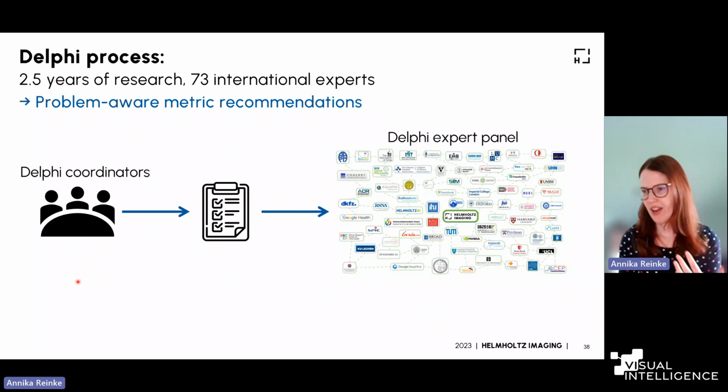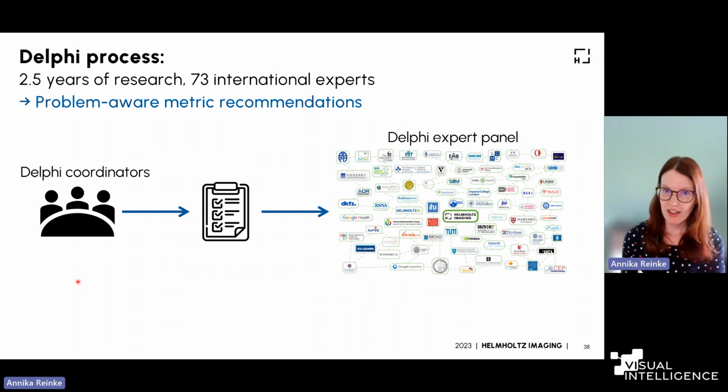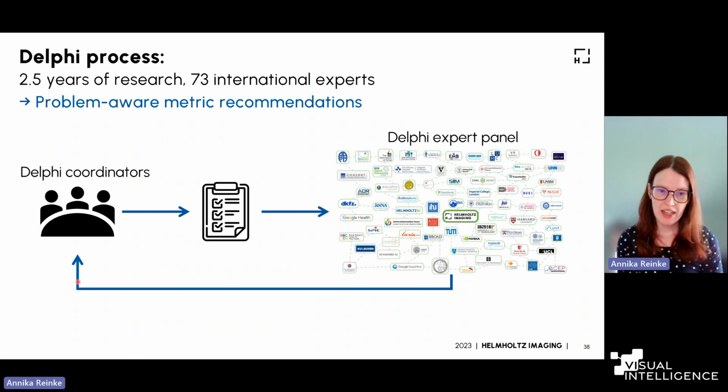And here we have integrated all of the different types of experts, so machine learning experts, statistics experts, prediction modeling experts, clinicians, biologists, so that we really have the different expertises. They had a look at the proposals of the recommendations, gave feedback, we analyzed the feedback, put it back into new surveys, new recommendations. They analyzed again, gave feedback. So with this iterative nature, we then came up with a consensus decision on the problem-aware metric recommendations.